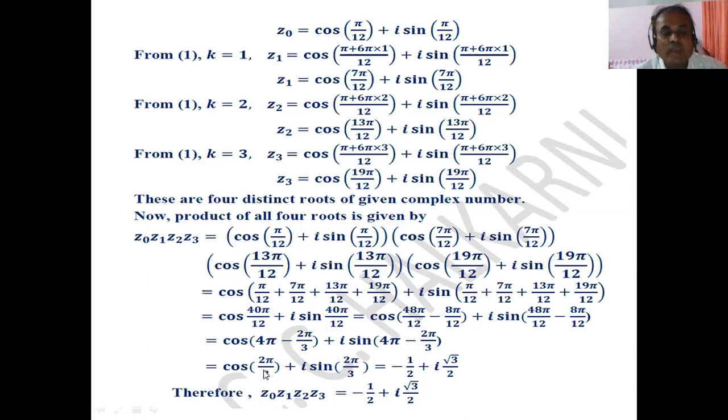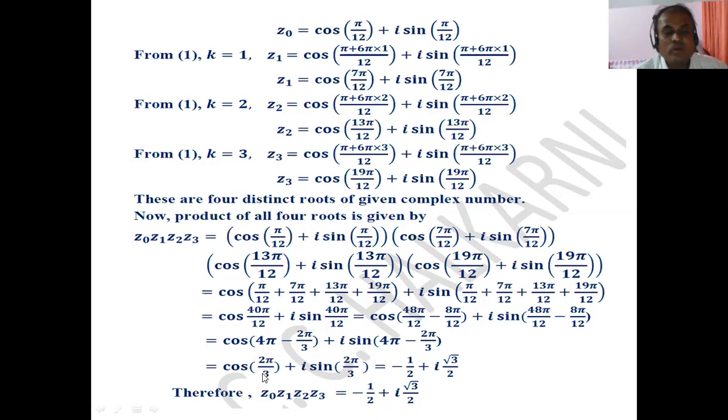So the angle is 120 degrees. We know the 30, 60, 90 degree triangle: the side 1 is opposite the 30 degree angle, the hypotenuse is 2, and the remaining side is root 3.